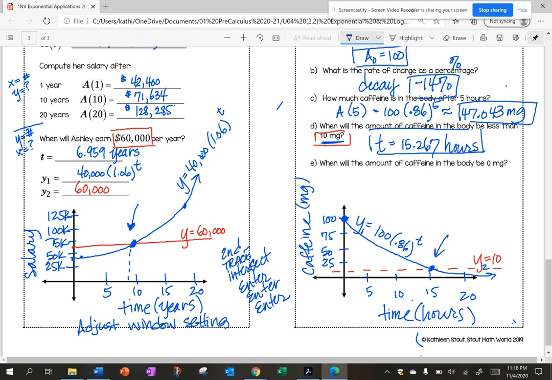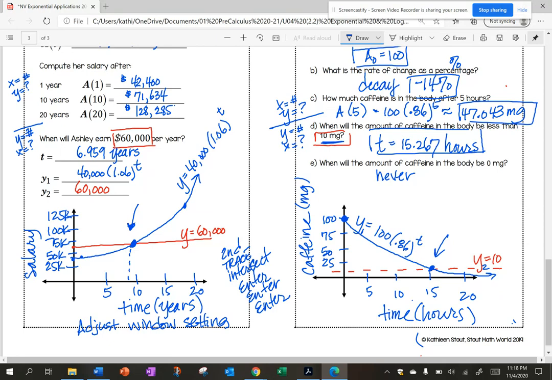So here, this is my x equals a number, solve for y. And this is my y equals a number, solve for x question. So they're one of 2 ways. When will the amount of caffeine in the body be 0 milligrams? So the answer to this is really never.